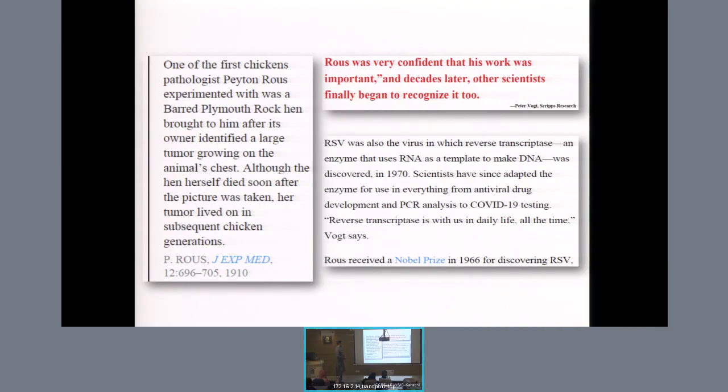RSV was also the virus, Rous sarcoma virus जिसे कहते हैं. ये वो वायरस था, ठीक है, जो उसको पता नहीं था, but that's the virus. Was also the virus in which reverse transcriptase, an enzyme that uses RNA as a template to make DNA, was discovered in 1970. Scientists have since adapted the enzyme for use in everything from antiviral drug development and PCR analysis to COVID-19.